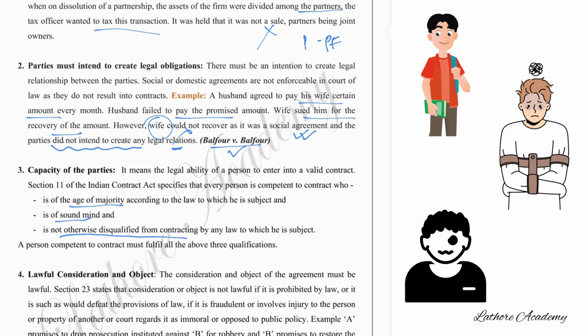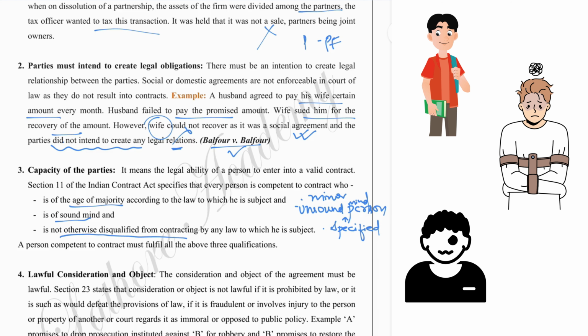So it means it is disqualifying the minors, it is disqualifying the unsound mind persons, and it is also disqualifying certain specified persons such as, for example, convicts, insolvents, or corporations.